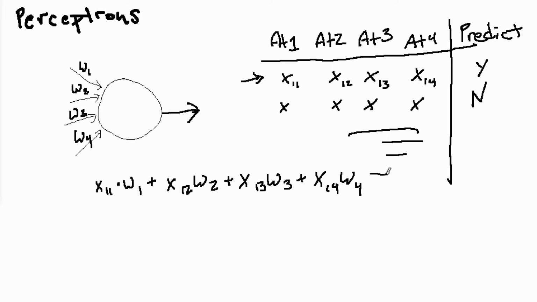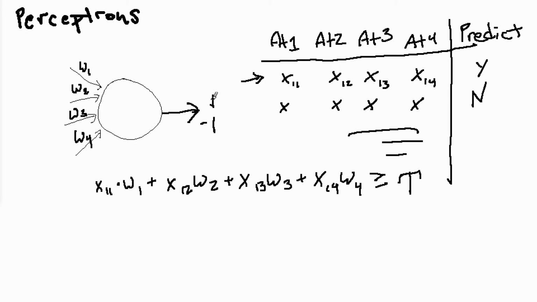and then there is this thing called the threshold, and we would ask if this is greater than or equal to the threshold. If it is greater than or equal to the threshold, we would output a 1. We're going to do something a little bit different here. If it turns out that it is less than t, we're going to output a -1.